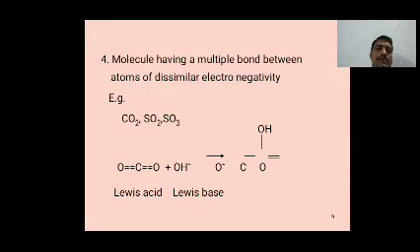Lewis acid: pair of electron acceptor. Lewis base: pair of electron donor.